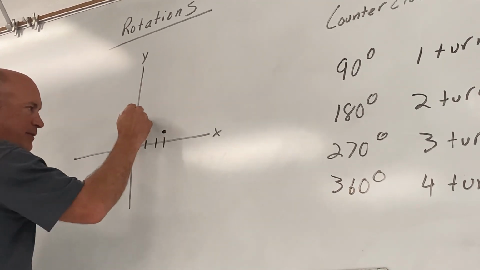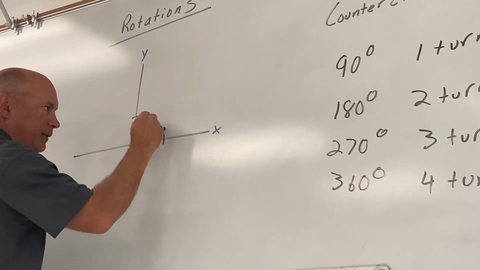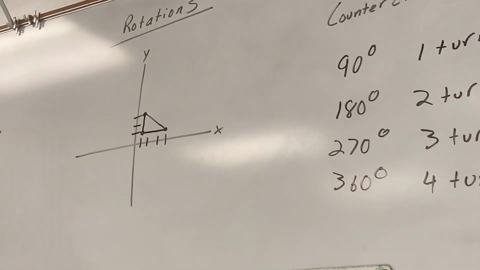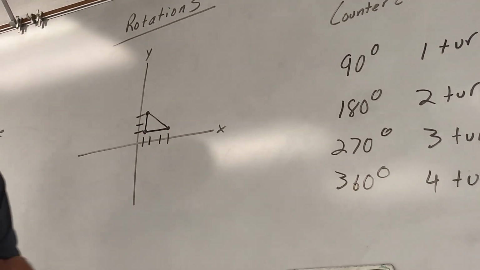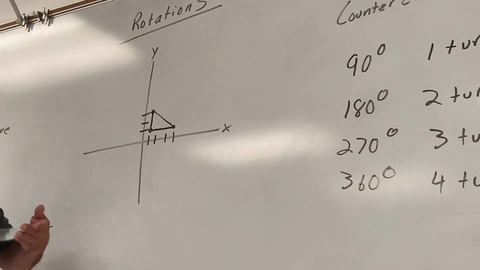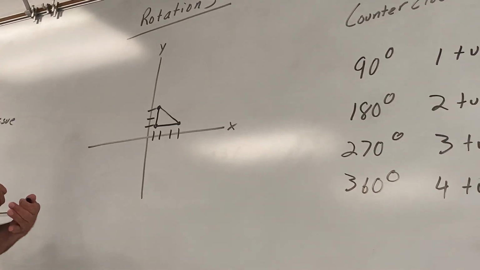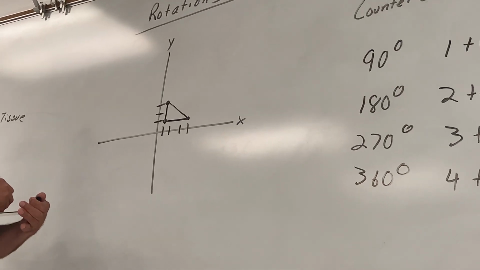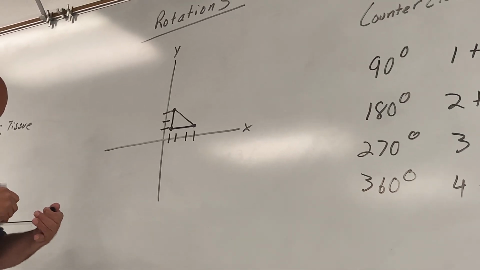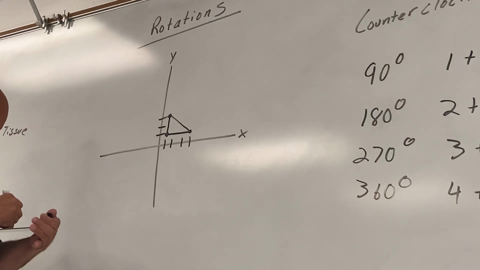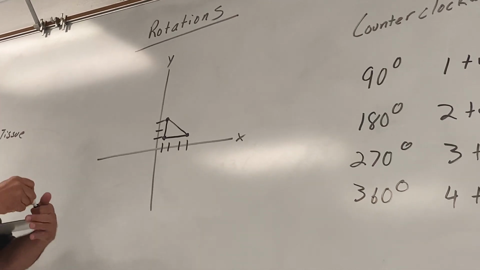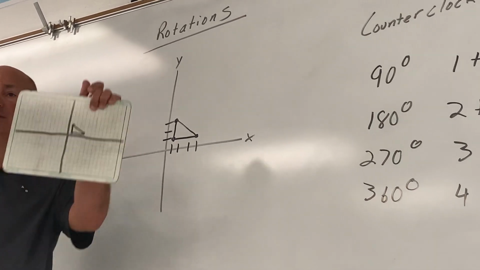And then connect the 3 dots to make a nice triangle. So let's start with that picture on your whiteboard. Your picture should look just like this.